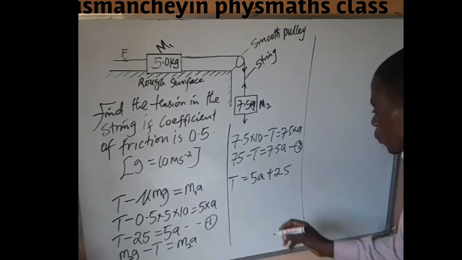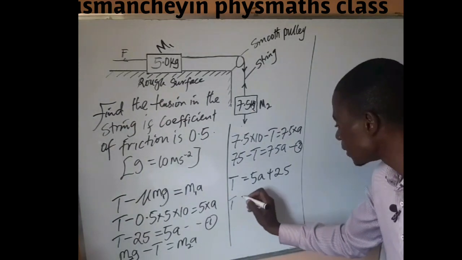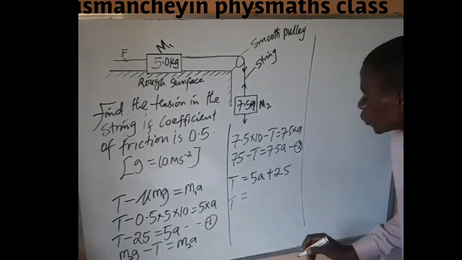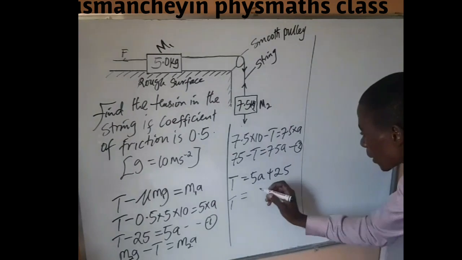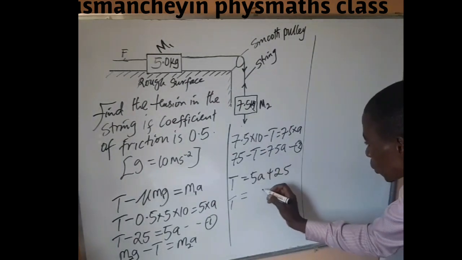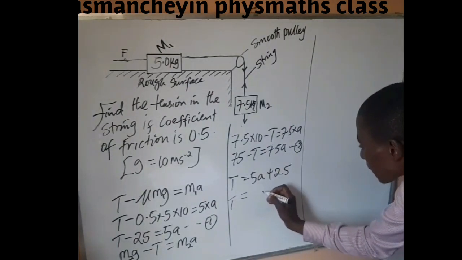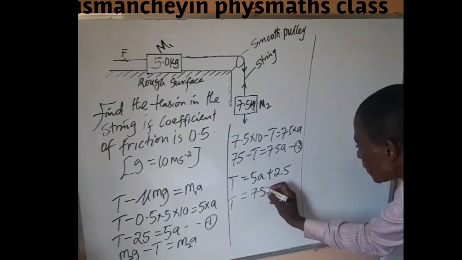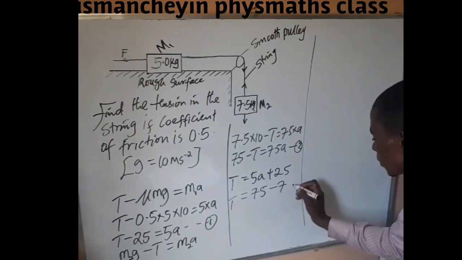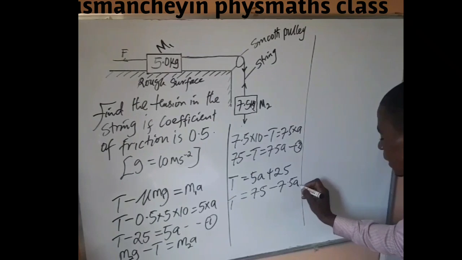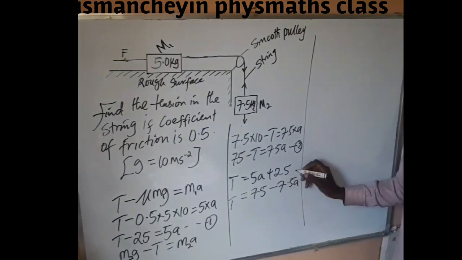Now in equation 2, T is equal to 75 minus 7.5a. At this point, let us name this equation 3 and this equation 4.